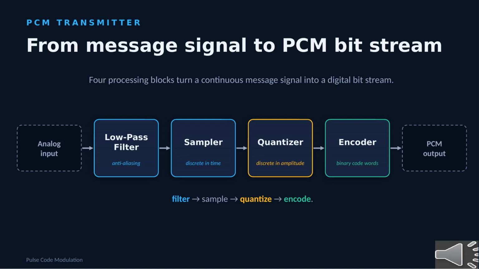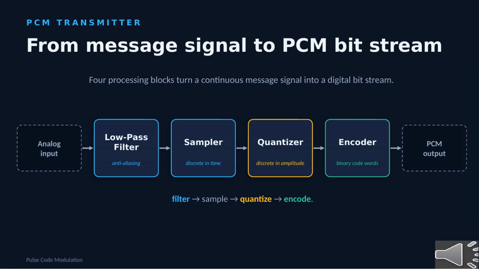This is the block diagram of a PCM transmitter. The analog message signal first passes through the low pass filter. This filter is also called the anti-aliasing filter, and it limits the signal to a maximum frequency, that is Fm. After that, the signal goes to the sampler where it is sampled.